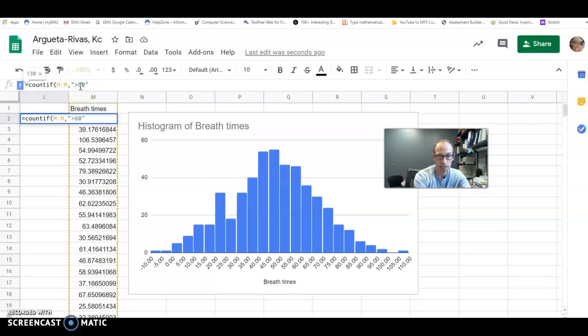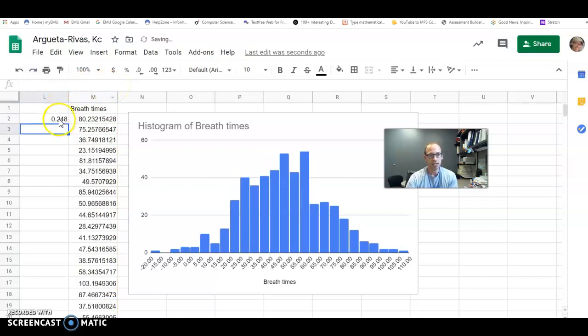And notice I do put this in quotes. So what this is doing, it's looking all through column M and just counting how many numbers are above 60. And that would give me the total breath times that are above 60. If I want to know what percent of the 500 are above 60, I'm just going to divide that by 500. And you can see here I get 24.8.